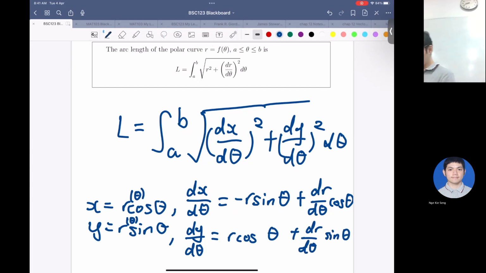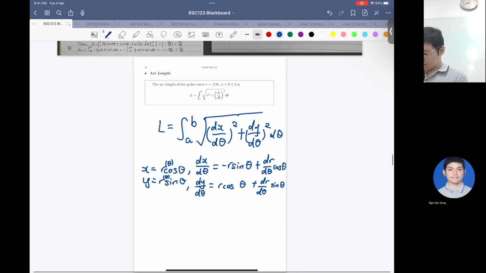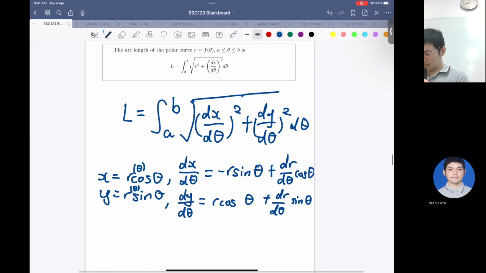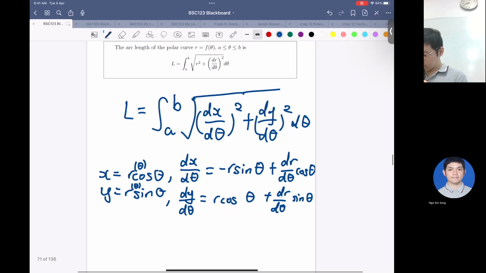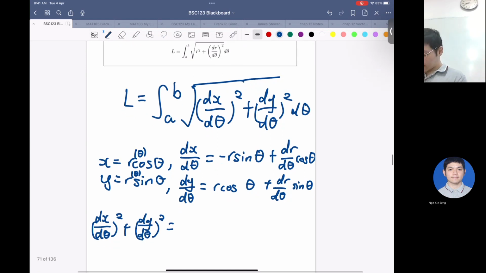Okay. So next you just square and then you plug the numbers in. What do you get? Okay, let's do this. So (dx d theta) squared plus (dy d theta) squared is equal to, yeah, try to calculate it. What do you get?